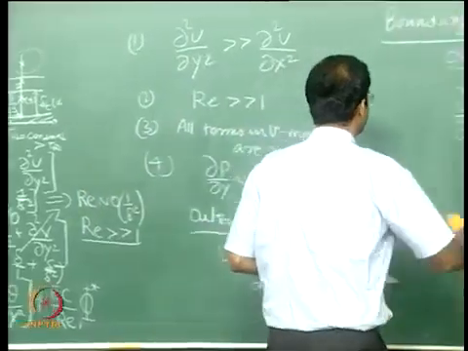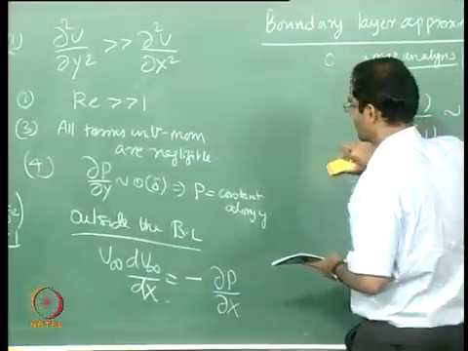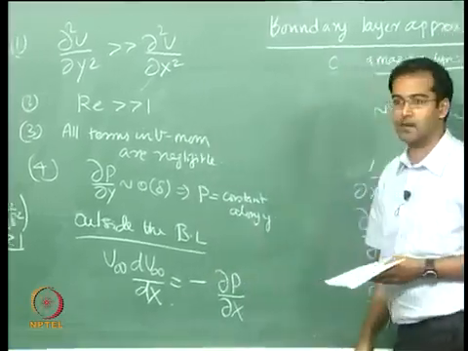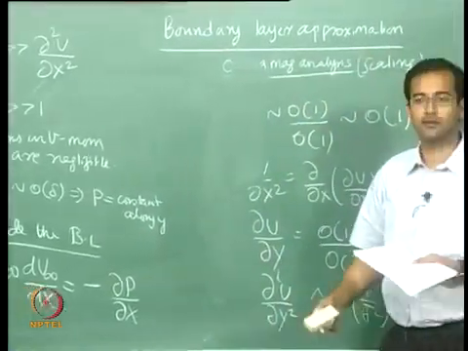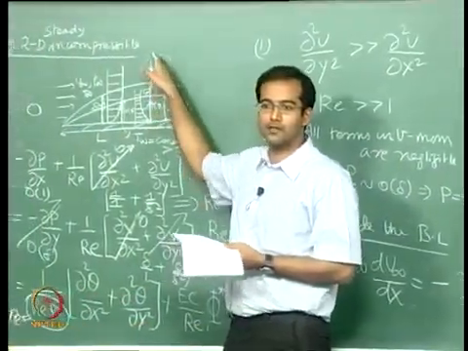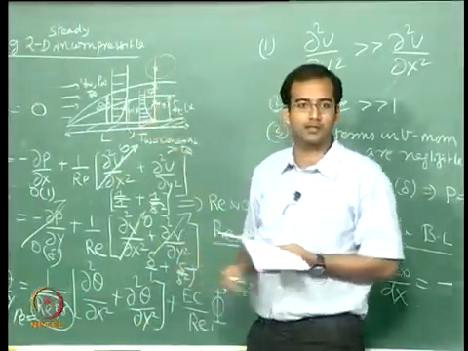So now based on this we can calculate dp infinity by dx, because in this case it does not matter, p infinity and your p here are going to be the same. So you do not want to differentiate your free stream pressure from the pressure inside the boundary layer.